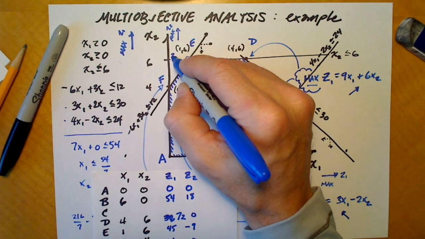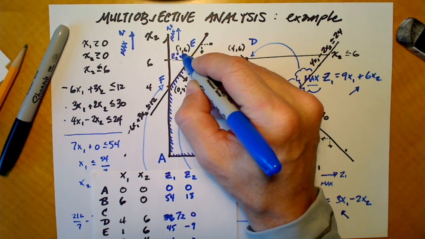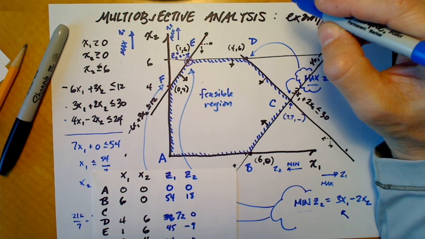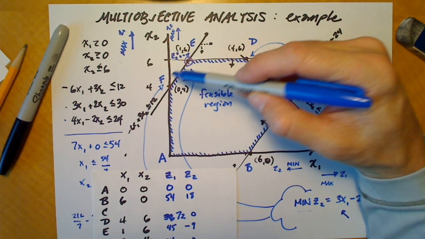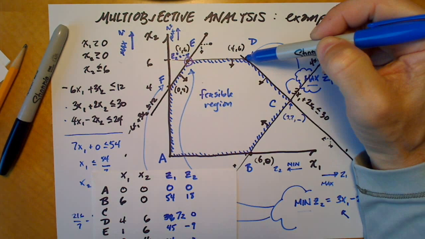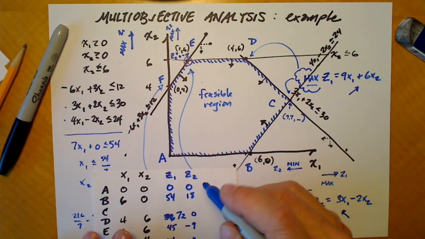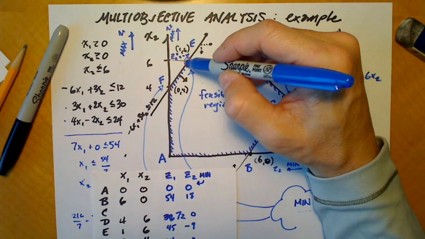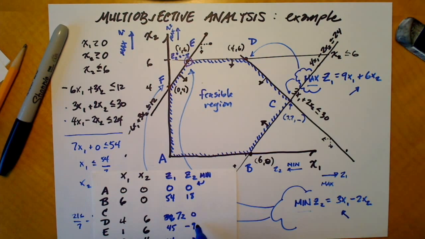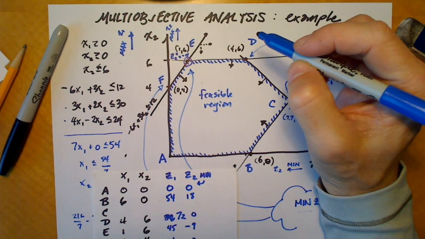This Z2 of -9 is the optimum from the Z2 perspective. It's superior to its adjacent extreme points. And so because our objective is to minimize Z2, this extreme point gives us the most negative value, and this would be the Z2 solution.